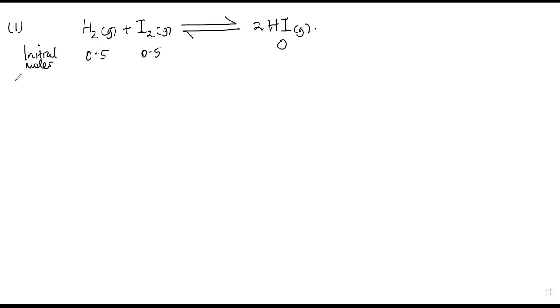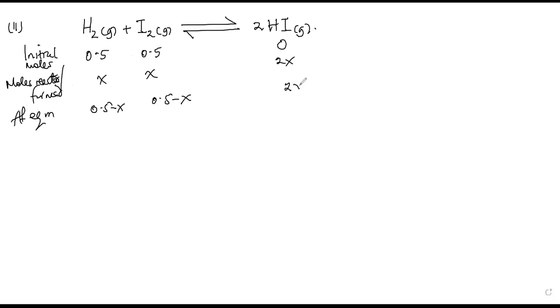Then you also look at moles reacted or moles formed. If I let this one be x and x, here we should have 2x. Then moles at equilibrium shall be 0.5 minus x, 0.5 minus x, then 2x.